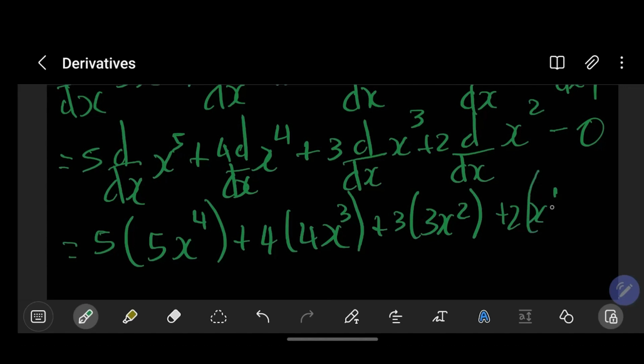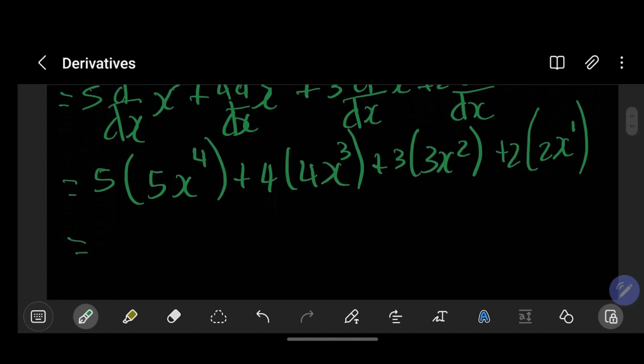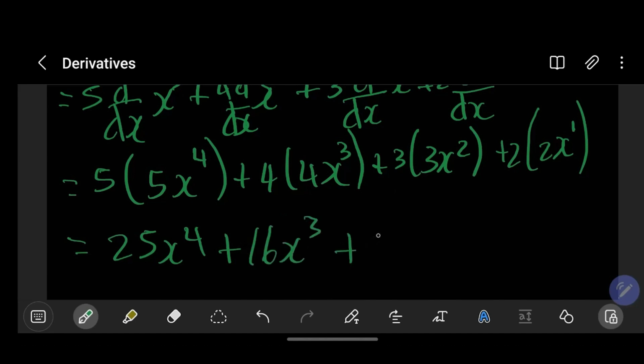However, we missed out the 2 here, so it needs to be 2x to the 1. Okay, and now if we simplify this, this is 25x to the 4 plus 4 times 4 is 16x cubed plus 3 times 3 is 9x squared plus 4x.